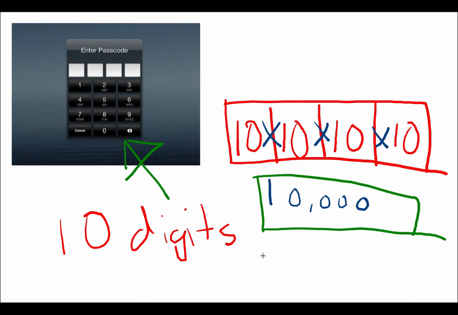But I could easily write a program that could check all these 10,000 possible combinations really quickly. I'm talking about less than 1 second. I could figure out the right passcode to hack this.